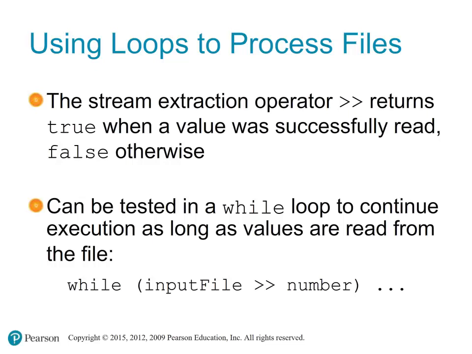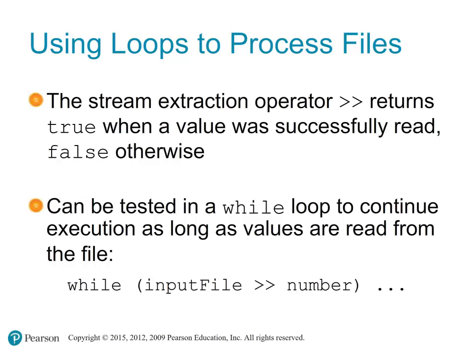If the extraction is successful, for example, reading an integer value when expecting an integer, the operator returns true. If the extraction fails, for example, reaching the end of the line, end of the file, or encountering an incompatible data type, the operator returns false.